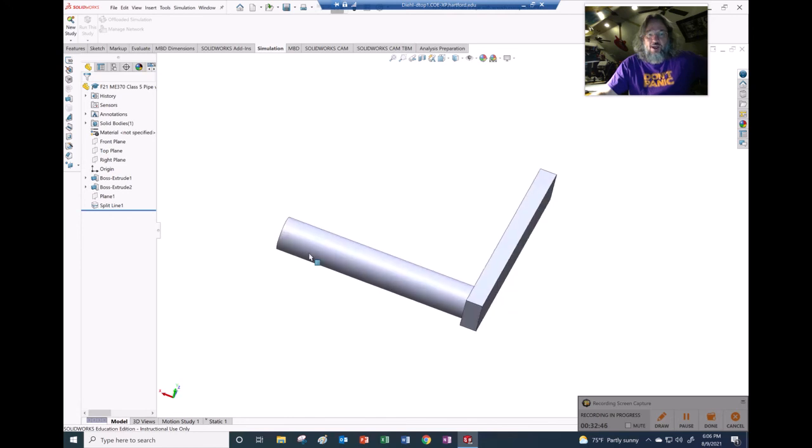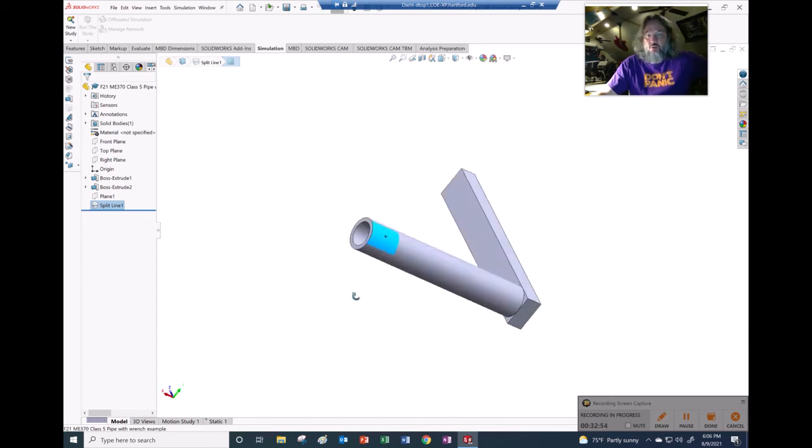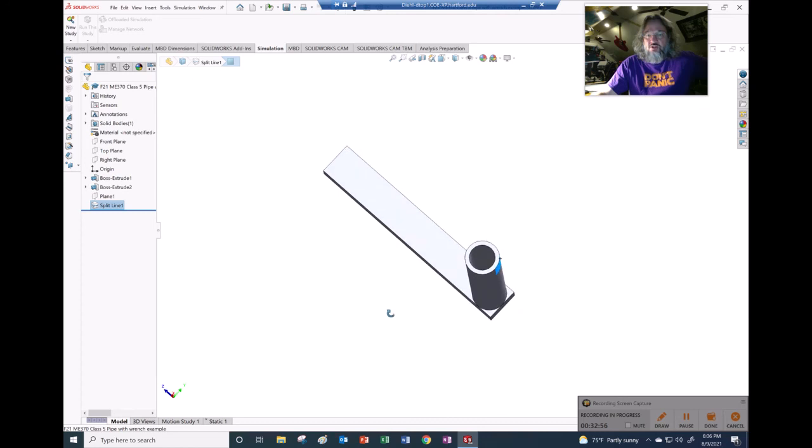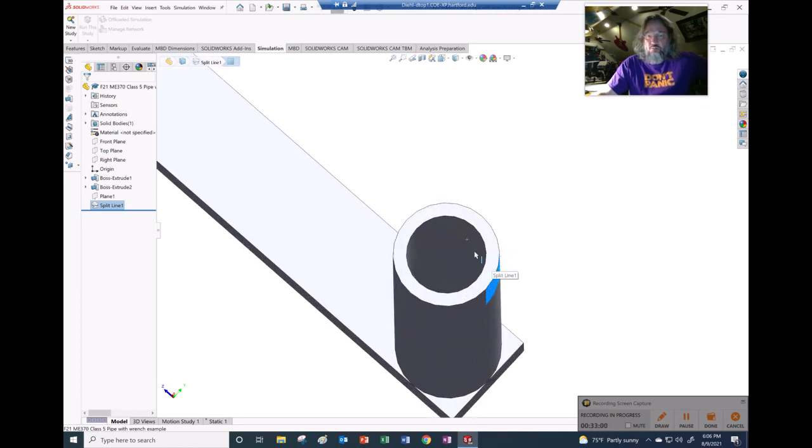I also made the thing like 2 inches longer over here, and I made a cut right there with my split line so my boundary condition wouldn't interfere with my results. And I also cut it on the inside, right? So there is one single point right here that exactly matches up with our point.